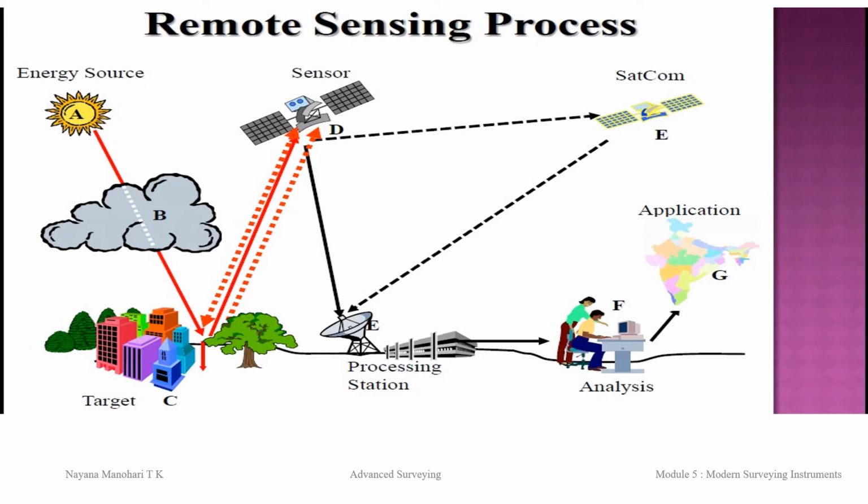Next is D, the sensor, that is the recording of energy by the sensor. After the energy gets scattered or emitted from the target C, it requires a sensor to collect and record the electromagnetic radiation.